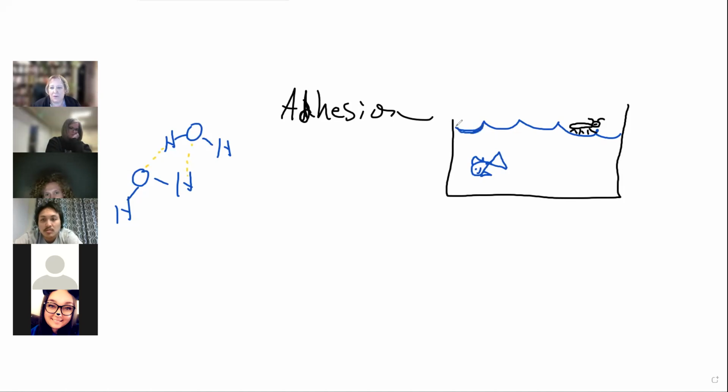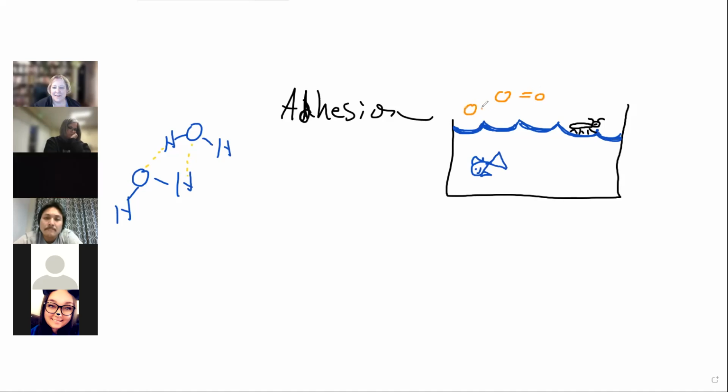Okay. The water molecules that are next to the air, because remember the air is mainly hydrophilic or phobic. Here, let's put some oxygen in here.